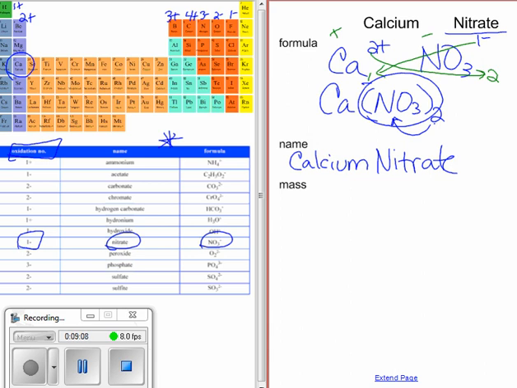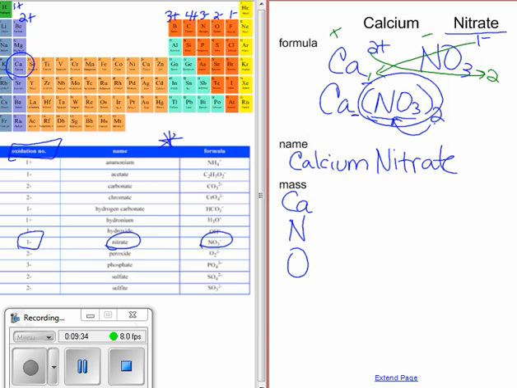Okay, finally, the formula mass. This one's a little trickier. We are going to separate out all the different types of elements that I have. I have calcium, and I have nitrogen, and I have oxygen. So those are the 3 types of atoms that I have. Let's count how many of each we have.